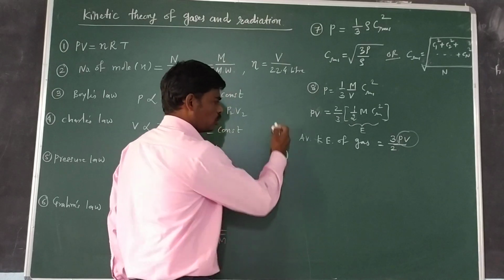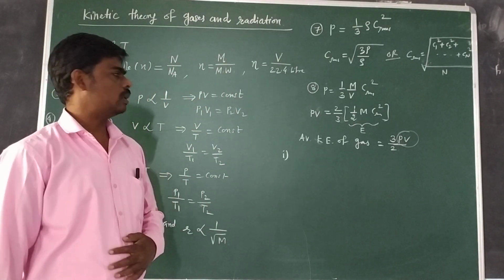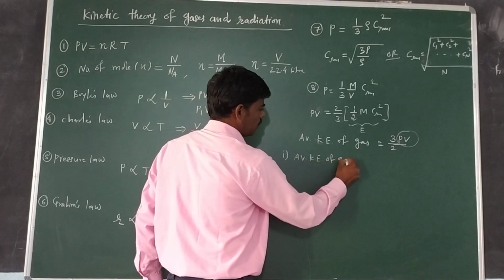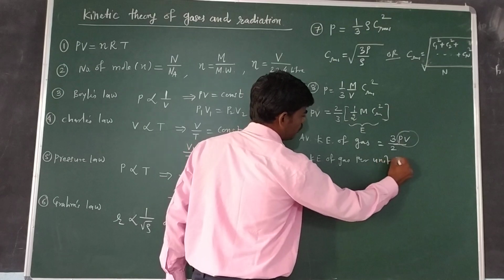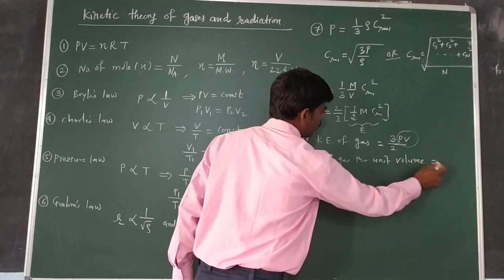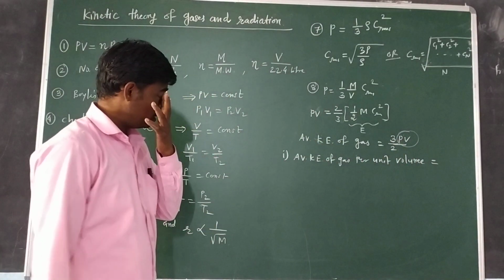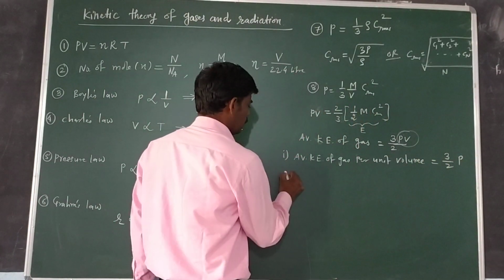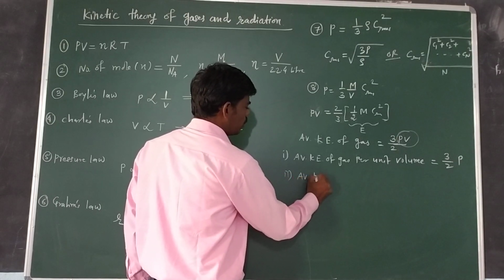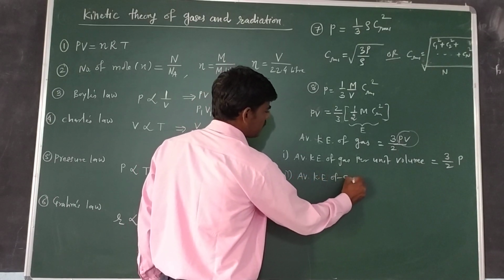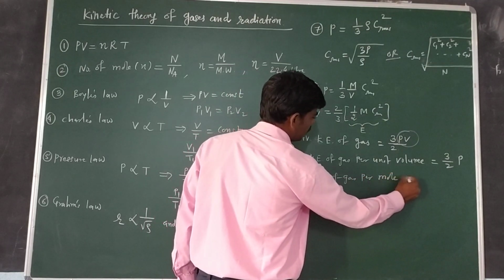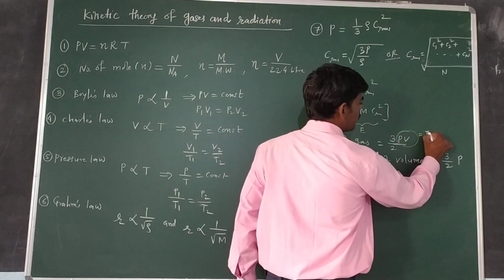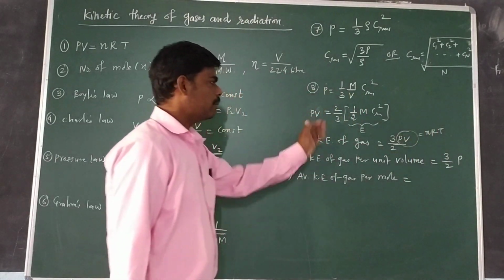So many formulas we can derive here. Average kinetic energy per unit volume: if I say per unit volume, that volume is divided, so simply this formula becomes 3 by 2 P. If we are going to find out the average kinetic energy of gas per mole, then replace this PV by nRT and divide by n.